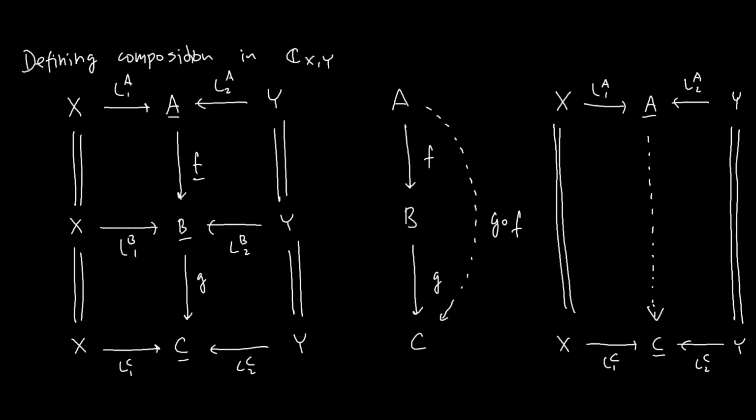How do you think I should define it? Is it the obvious G underline composed with F underline? Yes, exactly, well done. So the underline of the composite, which defines the composite, is going to be G underline composed with F underline.